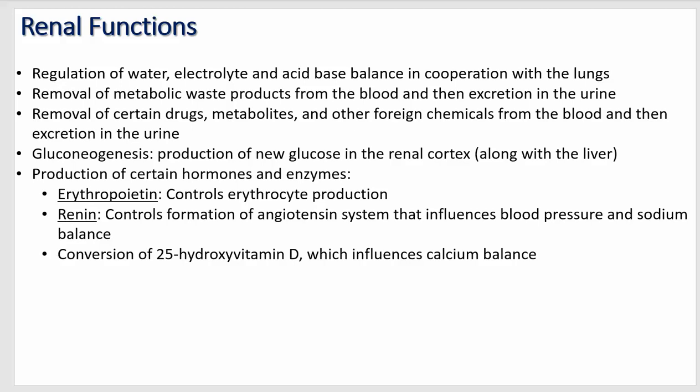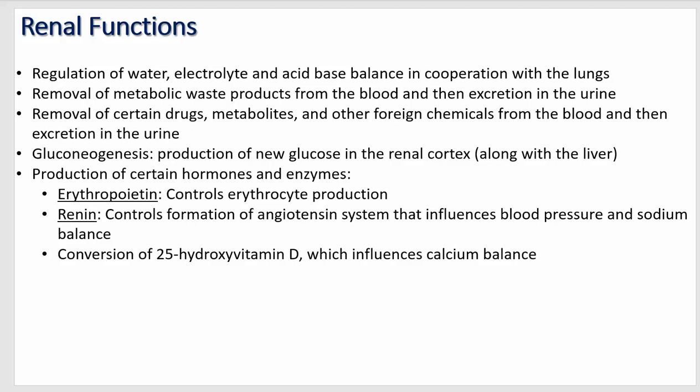So a lot of stuff is broken down by the liver and excreted that way in the intestines. A lot of it is excreted in the urine and moves through the kidneys. So we have a couple of ways to get rid of waste. So gluconeogenesis, that's also mostly done by the liver, but depending on what you read, anywhere from 20 to 40% of gluconeogenesis occurs in the kidneys.